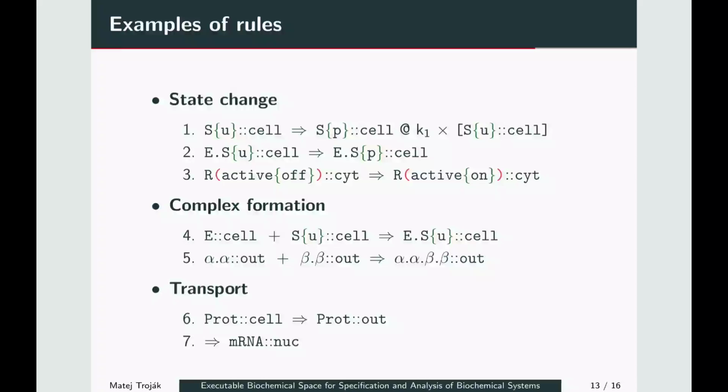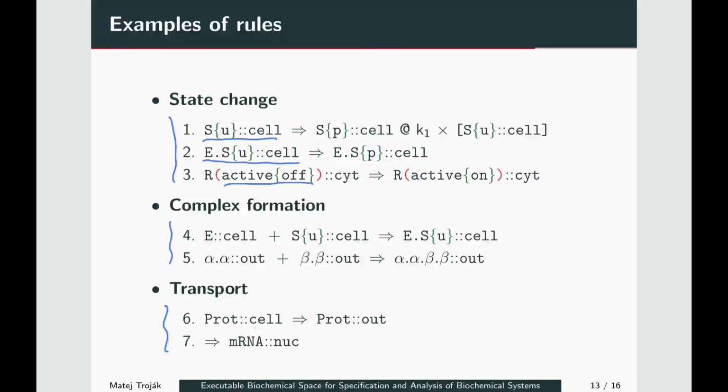Here are some more examples of rules. We can generalize them to some categories such as state change. We can change the state of a particle atomic agent or atomic agent in a complex or inside a structure agent. Then there is complex formation, which is also a typical interaction. And finally, there is a transport.